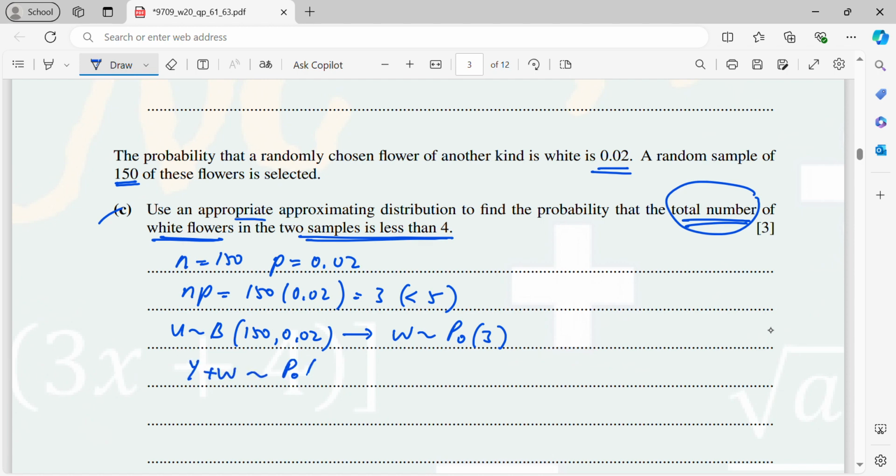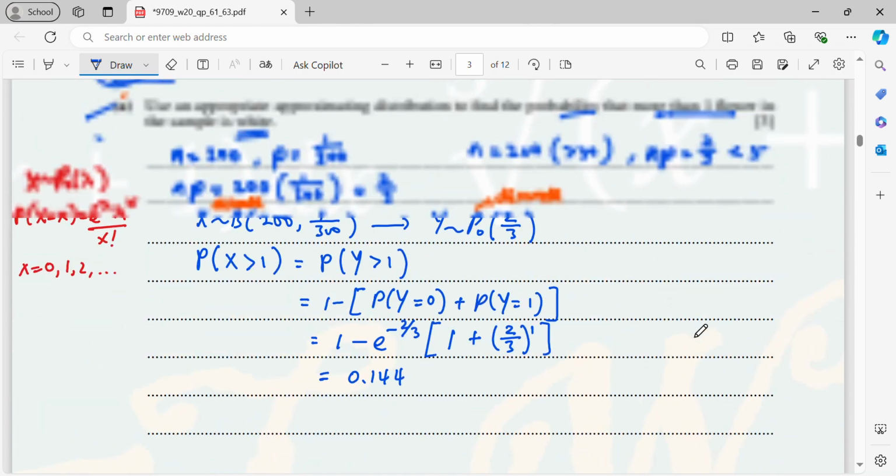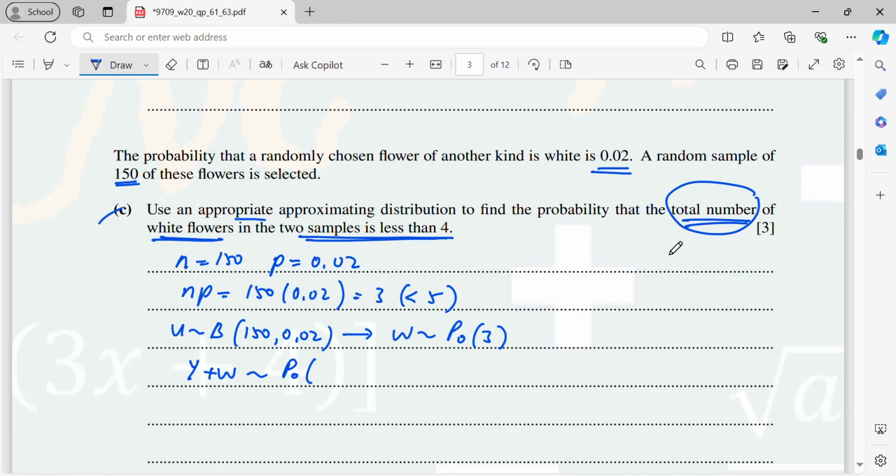So the Poisson with mean, previous mean was 2 over 3, here becomes 2 over 3 plus 3. Therefore, the total is Poisson with lambda value of 11 over 3.